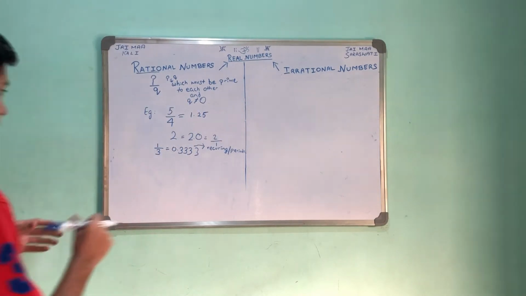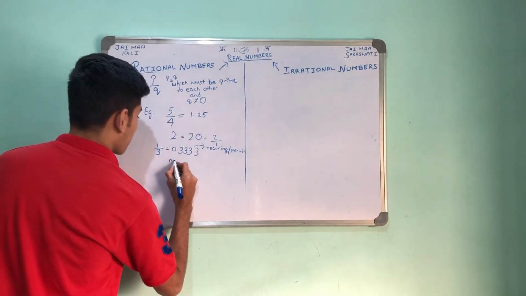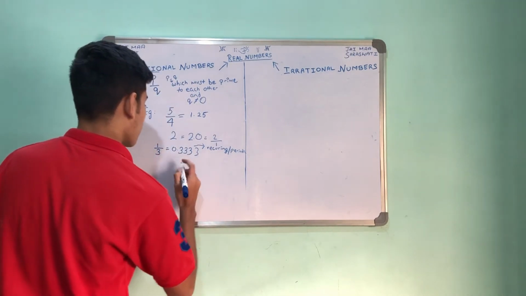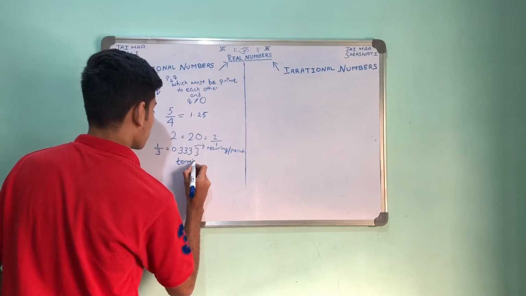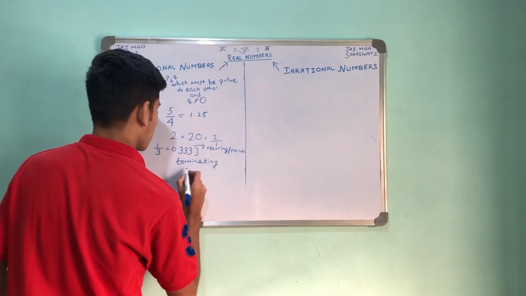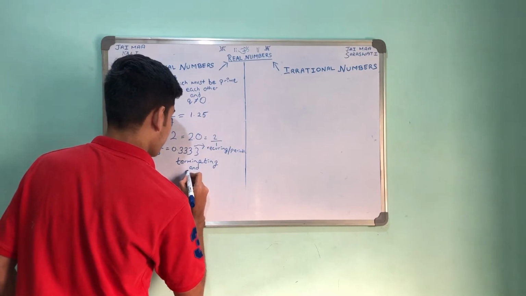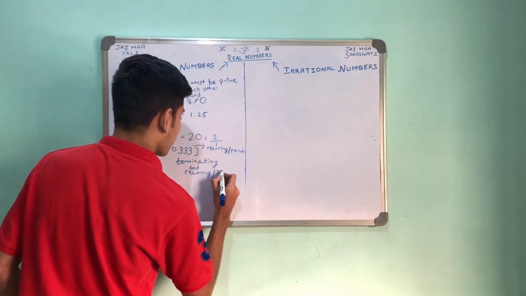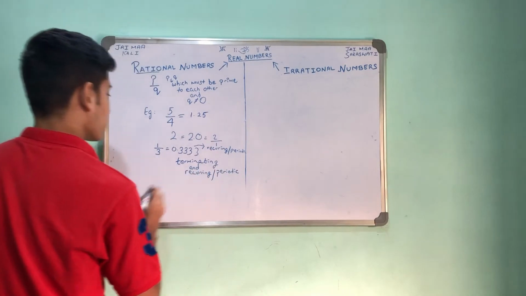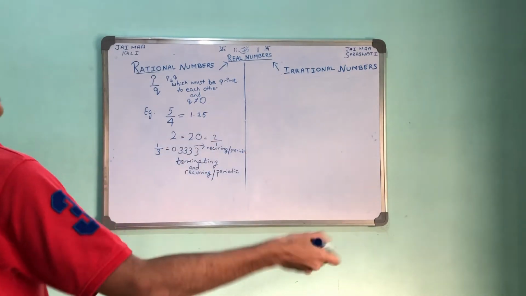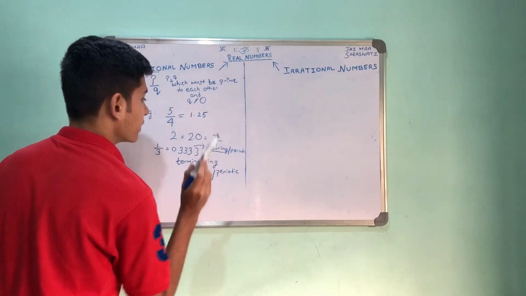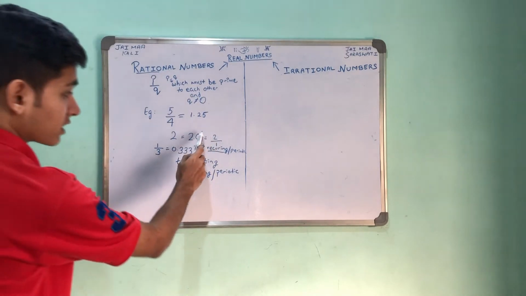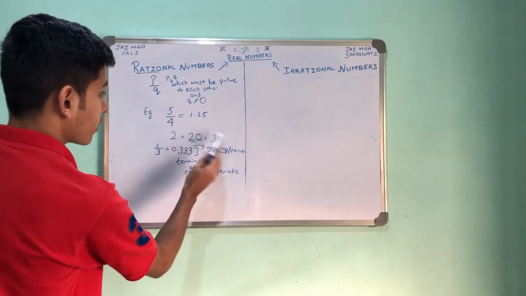So rational numbers are terminating, and they might be recurring or periodic, because in 0.333 it continues, it gets repeated. 2 is 2 by 1 and it gets terminated at this point, it doesn't go further.